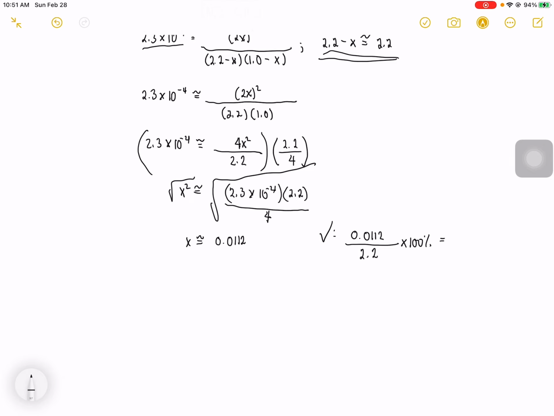So this is now going to introduce a percent error of 0.509%. Now with the percent error that small, we are confident that we have a very good approximation of x in our hands. So this value of x should then be very close to the actual value, and so our assumption here is a valid one to make.